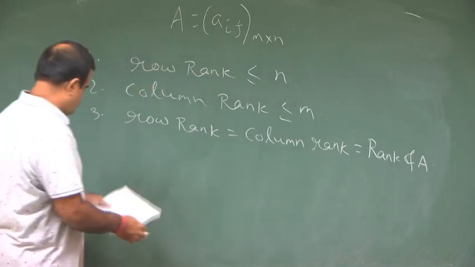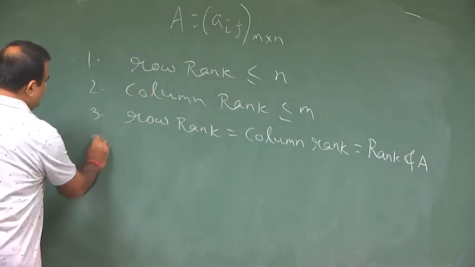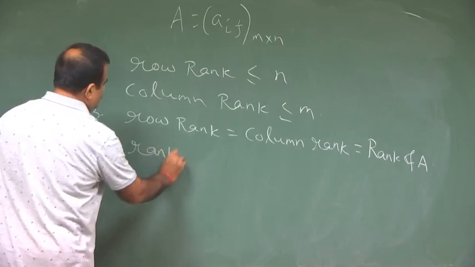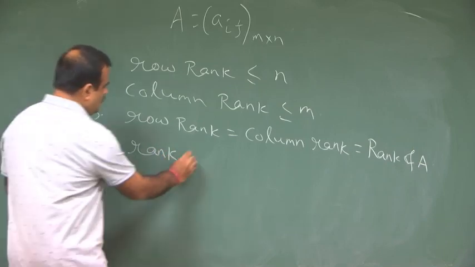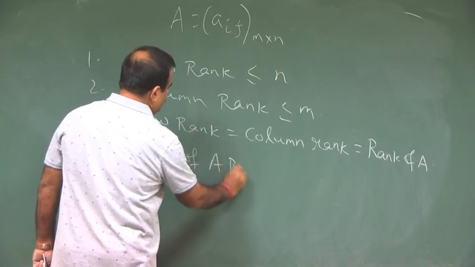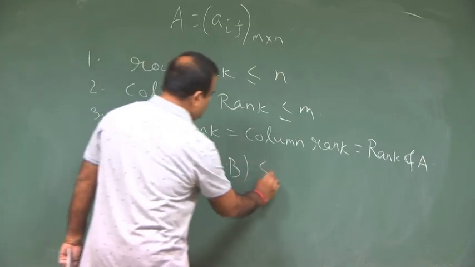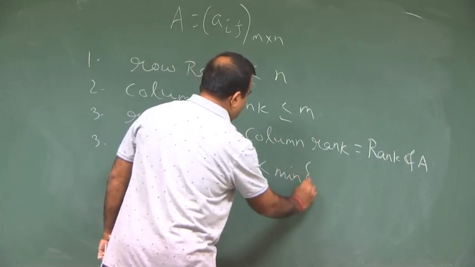This we can also prove. And then, the product of matrices. If we have two matrices A and B, the rank of their product AB is less than or equal to the minimum of the ranks of both.